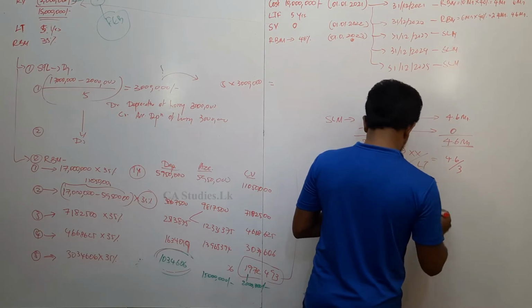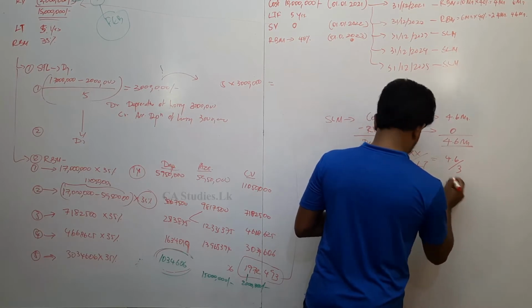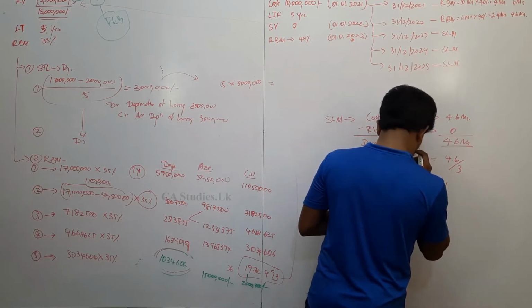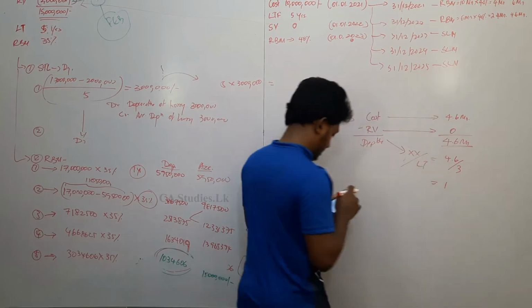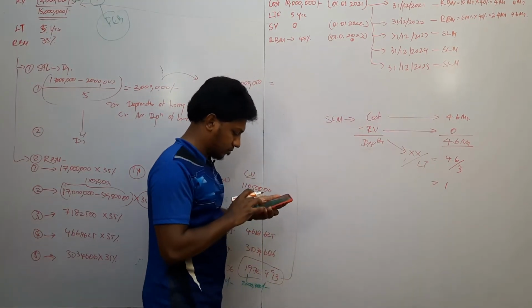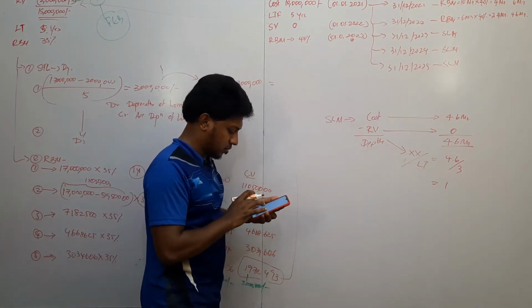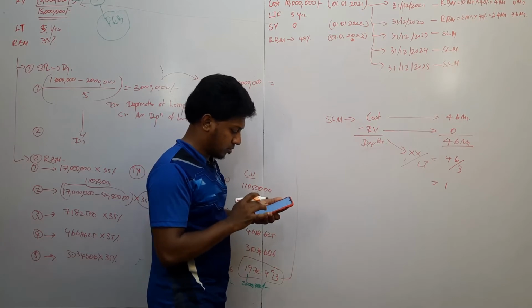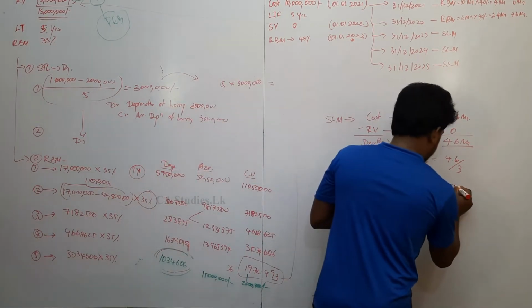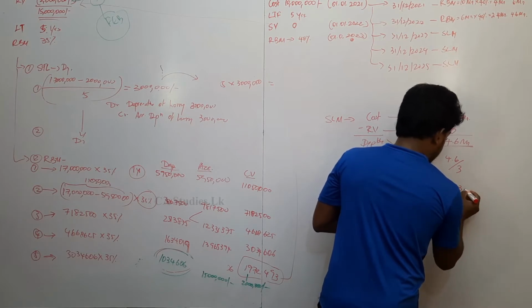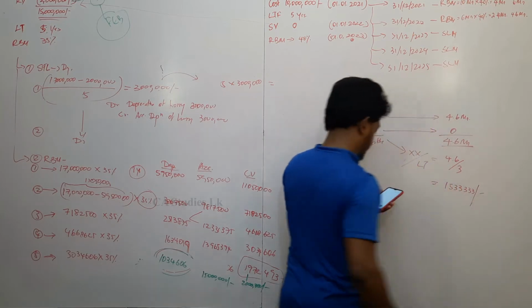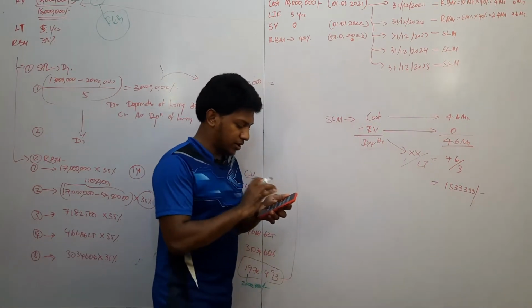That is 1,533,333, right? This will be the depreciation for each year.